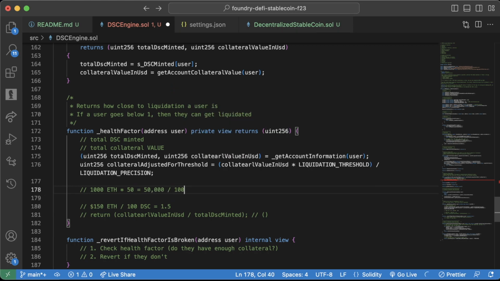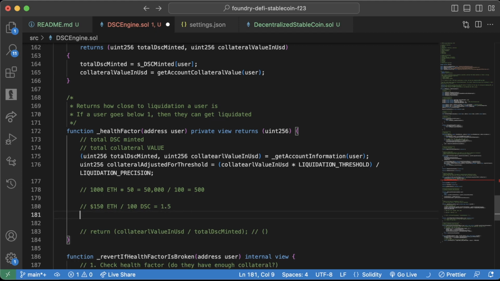Then we divide that by 100, which equals 500. Same thing with this example down here. If we had $150 worth of ETH, we say 150 times 50 equals 7500, divided by 100 equals 75. And then 75 divided by 100 is going to be definitely less than 1, right?